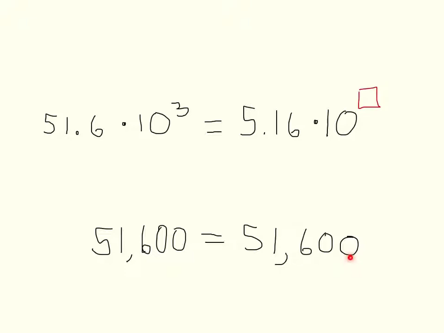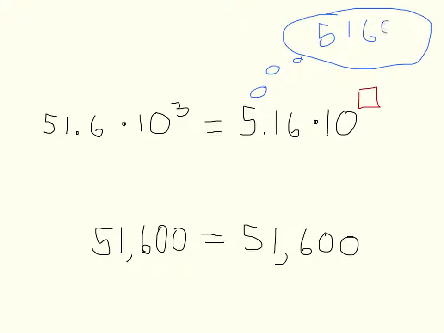So the student told me what they did is they looked in their brain, and this is what their brain looks like, in their little thought bubble. They wrote the final solution, 51,600. If the decimal starts here, how many times would they have to move it to get it to the proper spot? 1, 2, 3, 4. Because they moved the decimal 4 times, they know the exponent is 4.